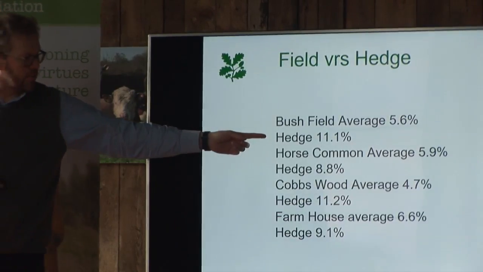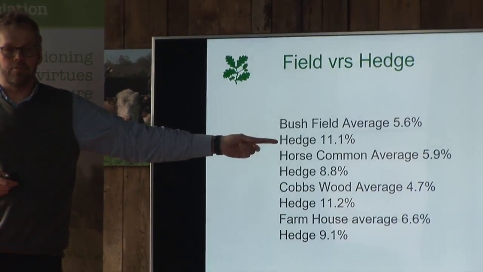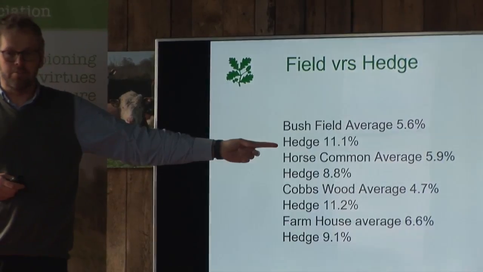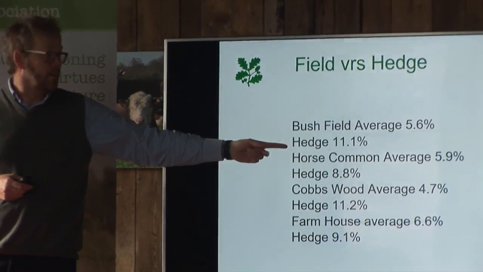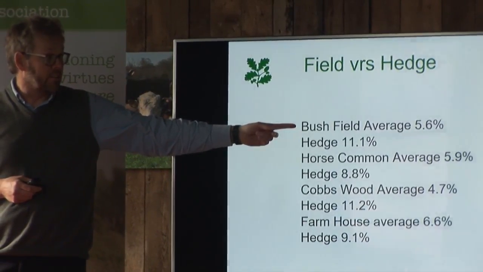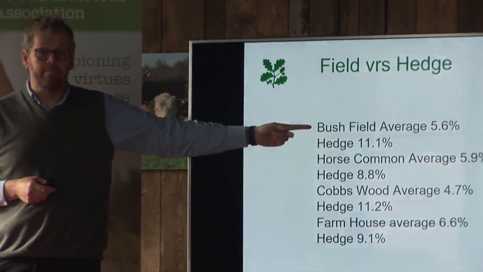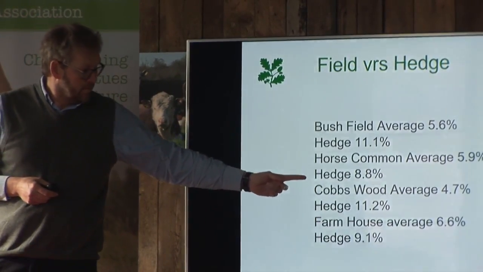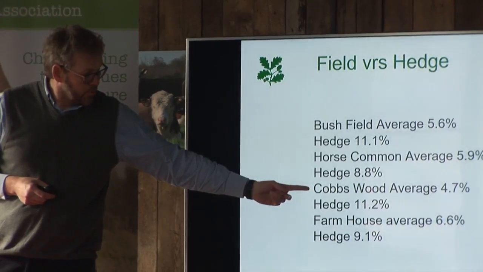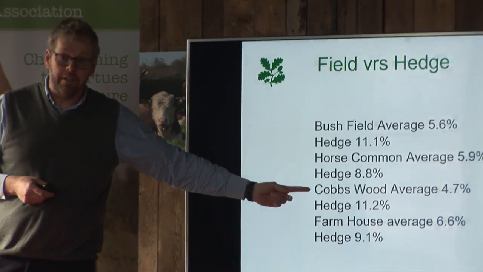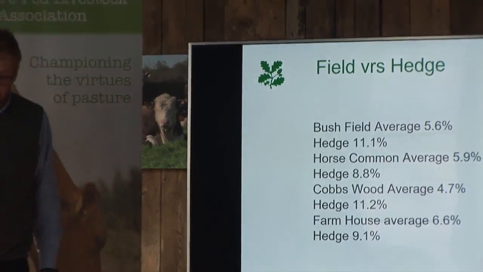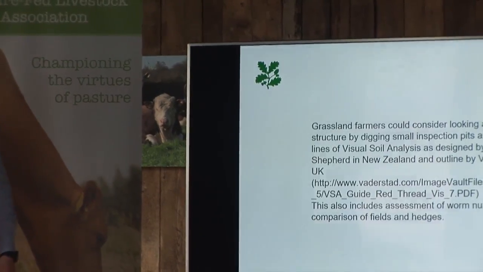This is the potential. This is that soil's potential. So that's the same soil, but that's the potential where that field could be. And we're, in this field, halfway there. Cobs Wood, we're less than halfway there. Something really powerful about that.